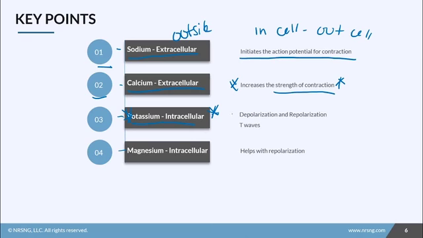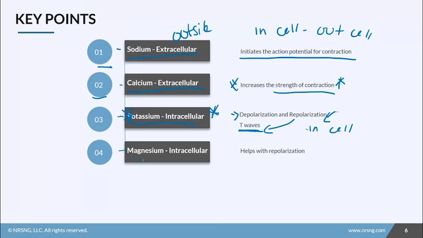Potassium is the main electrolyte responsible for depolarization and repolarization, meaning the heart contracts and it rests. T waves is what potassium produces because of repolarization. So whenever that potassium is going back into the cell and the heart is repolarizing, meaning the heart is resting, T waves are being produced on an EKG.